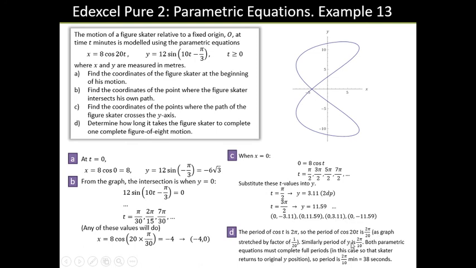The period for your y is going to be 2 pi over 10, so pi over 5. So they both need to complete those full periods, so it must be that it's going to be the lowest common multiple of those two periods when they've both completed it, which is our 2 pi over 10, or pi over 5 minutes, which works out as 38 seconds.